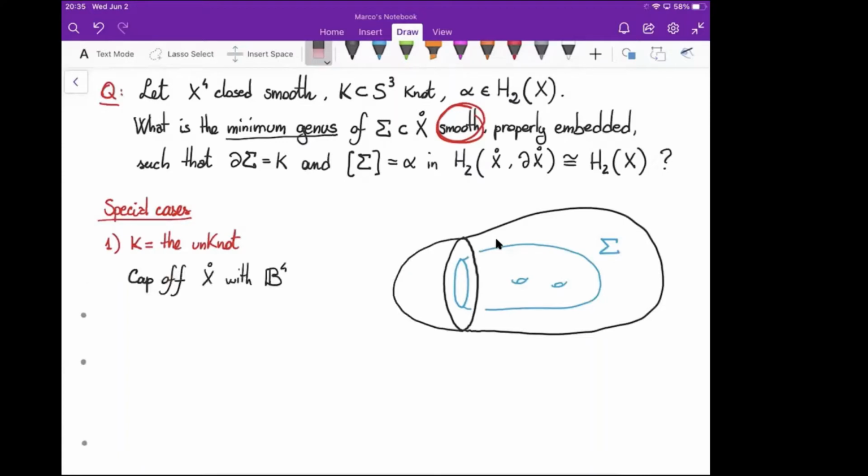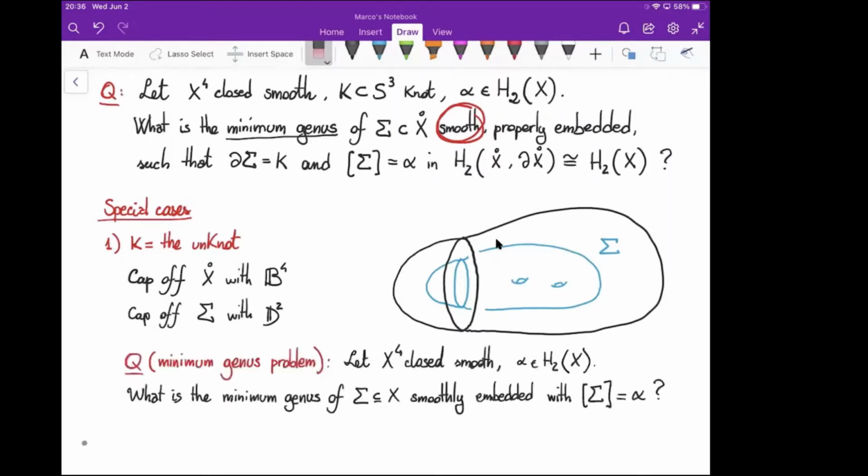But you can always cap off X circle with a four-ball, and in that four-ball you can always cap off sigma with a disk. So what you get is a closed surface in a closed four-manifold, and you're asking what is the minimal genus of a closed surface in this closed four-manifold in some fixed homology class. This is a relatively classical question, called the minimum genus problem, which asks exactly the question that I've asked.